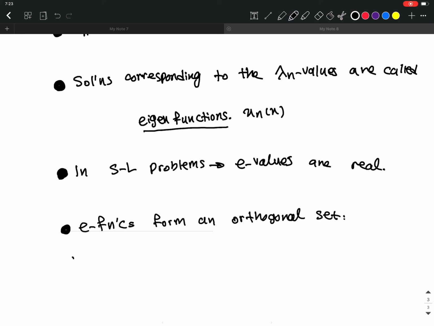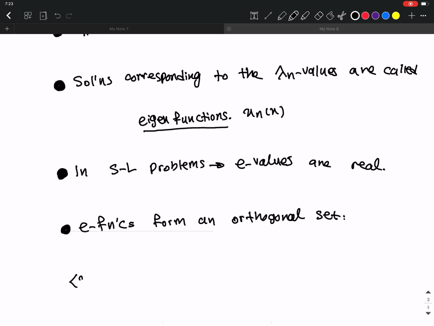For example, in vectors, if you remember, if you have two vectors, say v1 and v2, then they are orthogonal if their inner product of v1 with v2 is 0, right? So we define something similar for functions, but for functions, the definition is based on integrals, okay?